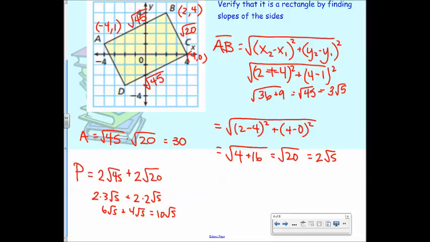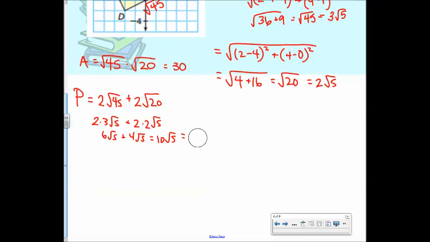What'd you get? 22.36. So again, you're probably going to get different decimals depending on where you round it or how you choose to put it into your calculator, but something close to this.